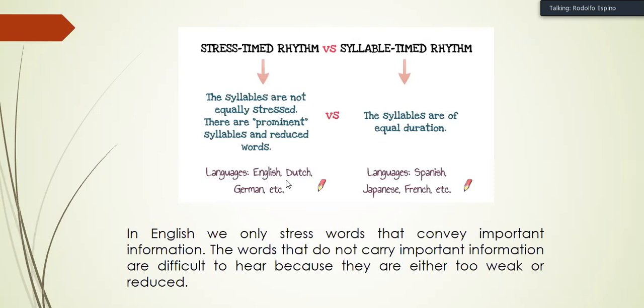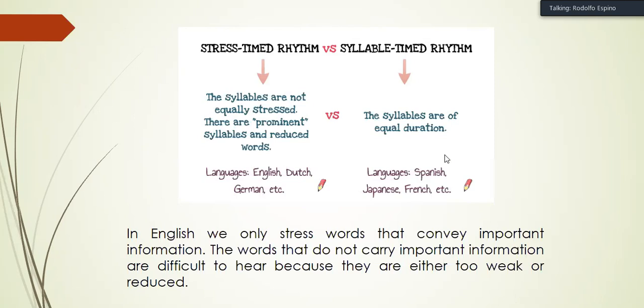Languages like English, Dutch, and German are this way, like the way I showed before, right? Only some words will be stressed. The other words are simply not important in the sentence. And then we have syllable-timed rhythm, which means all the syllables will be pronounced with exactly the same duration. And here is where Spanish is.